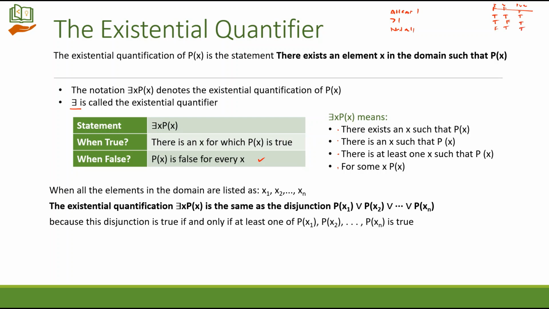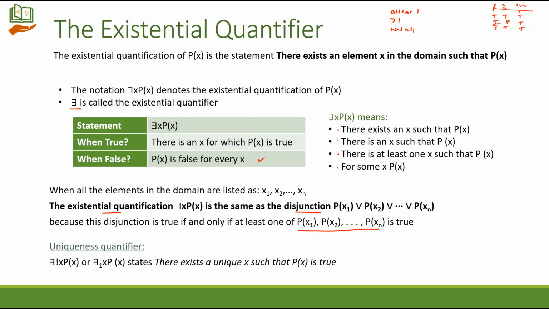What can you understand from here? At least one value should be true here. When there are n variables, n minus 1 variables can be false, but at least one variable should be true. This disjunction is true if and only if at least one of P of x1, P of x2, ..., P of xn is true.